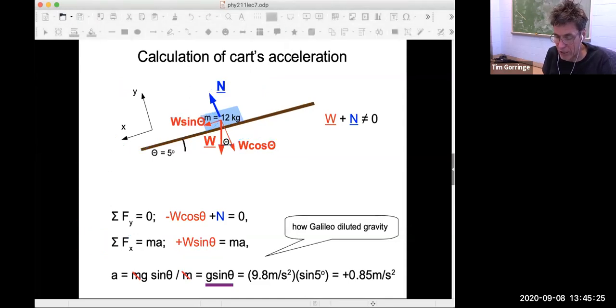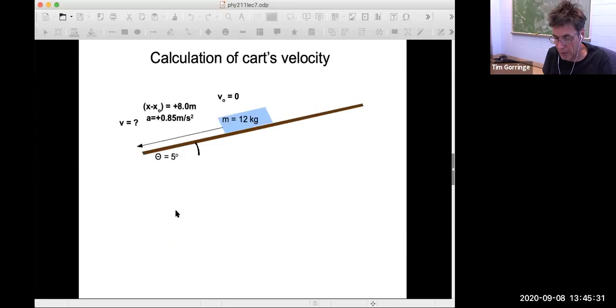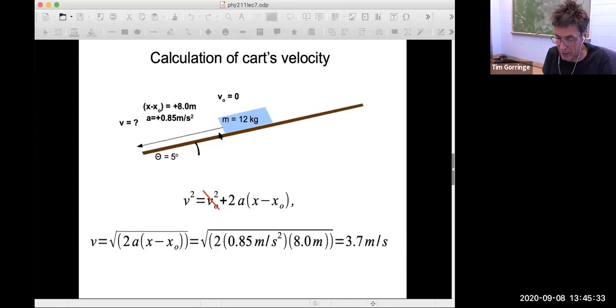Once you know the acceleration, it's then easy to figure out the velocity at the bottom of the incline. That's a bit of kinematics. And so here's the picture of the kinematics.